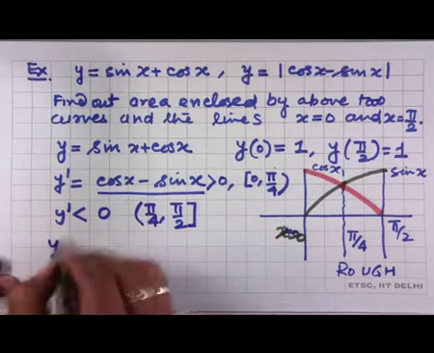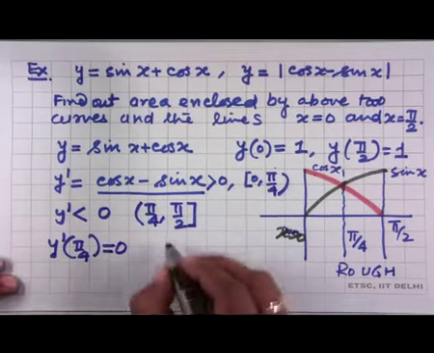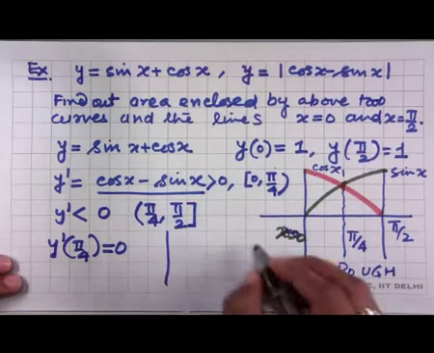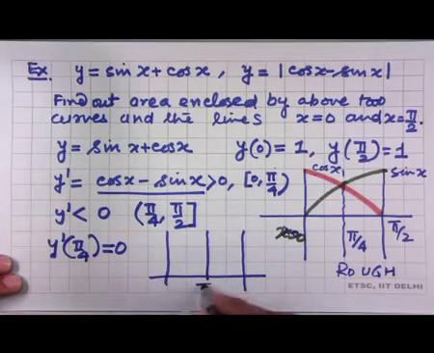And y dash at pi by 4 is 0. So for the plot, this is pi by 4, this is pi by 2, this is 0.